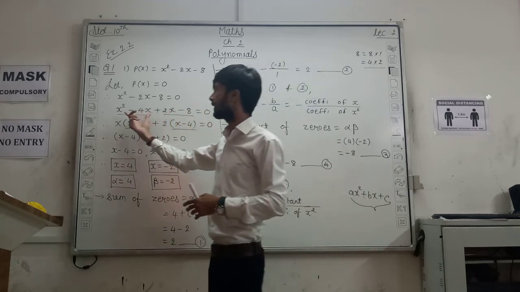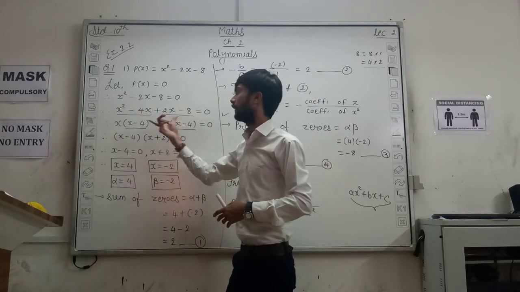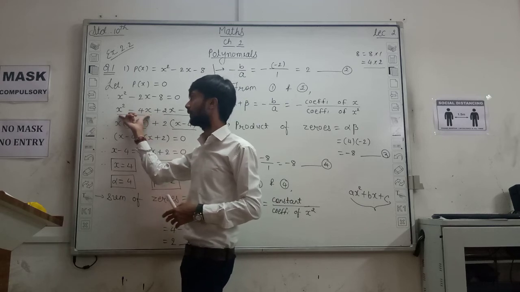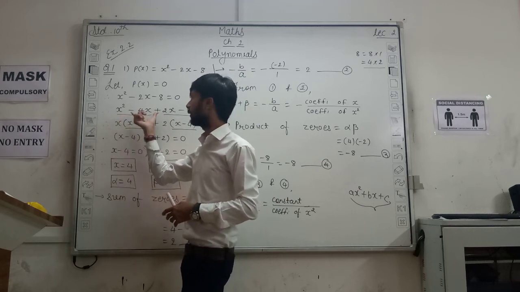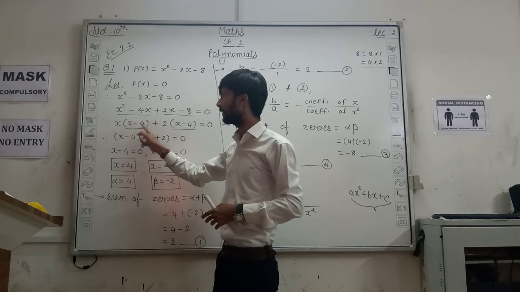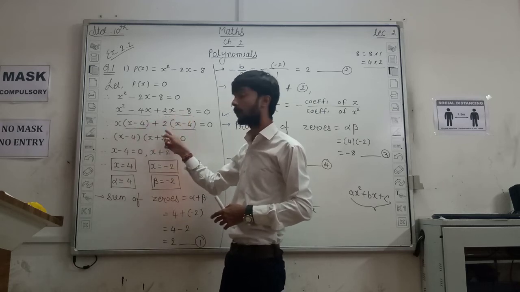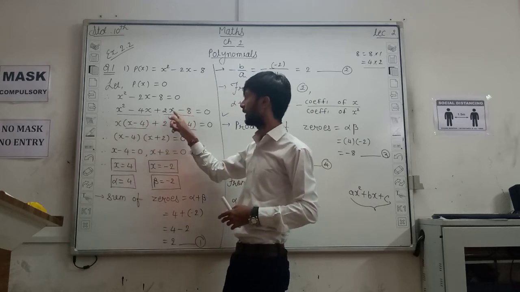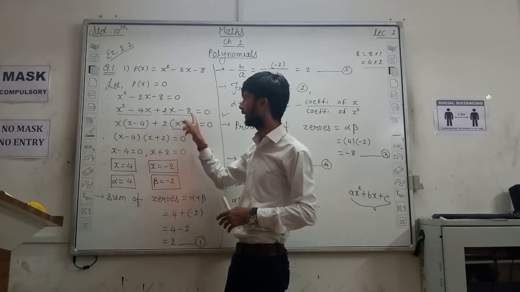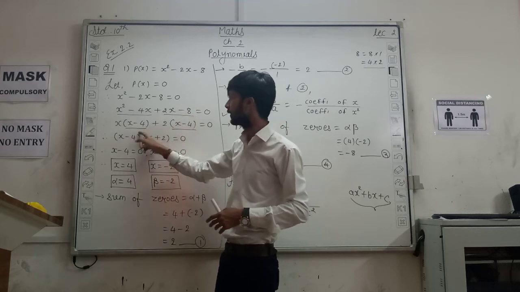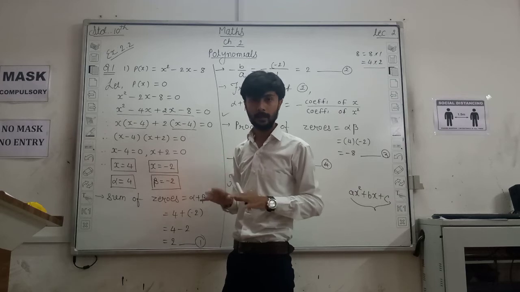After that, by parts, take x as common from these two terms, so x minus 4 remains in the bracket, plus take 2 as common from these two terms, so x minus 4 remains, 2 fours are 8. Now these two brackets are always the same.